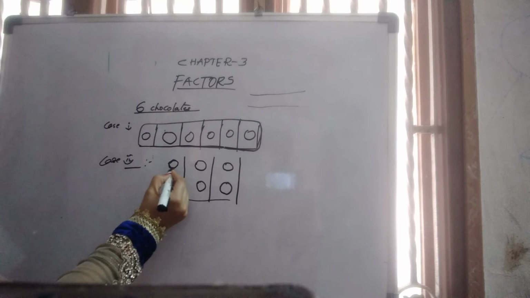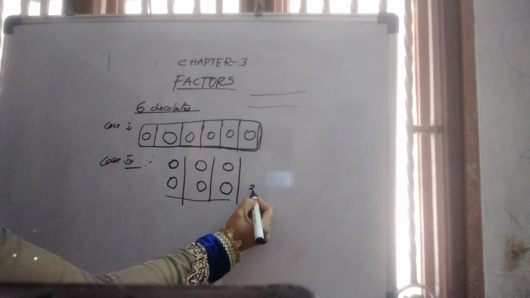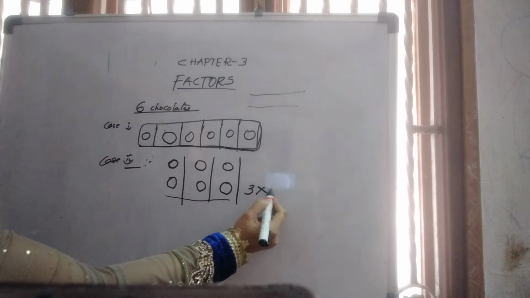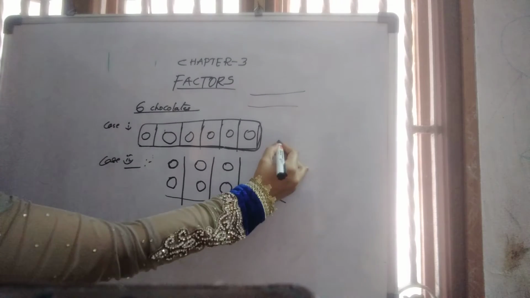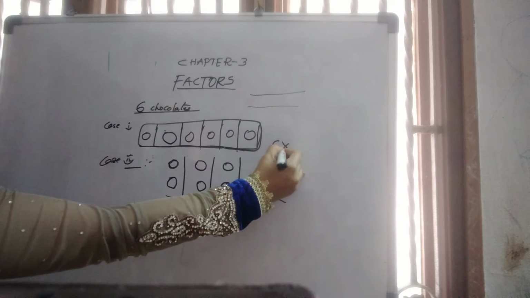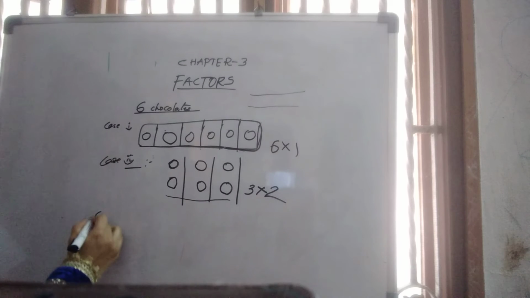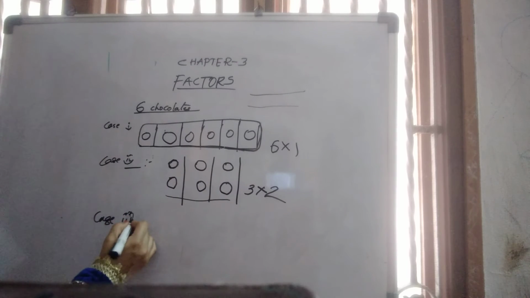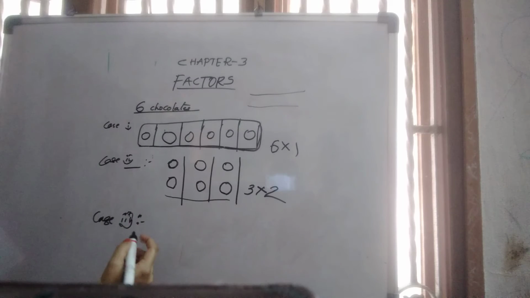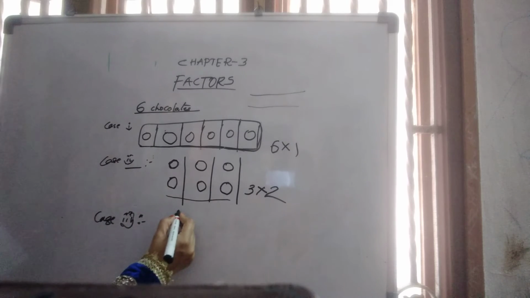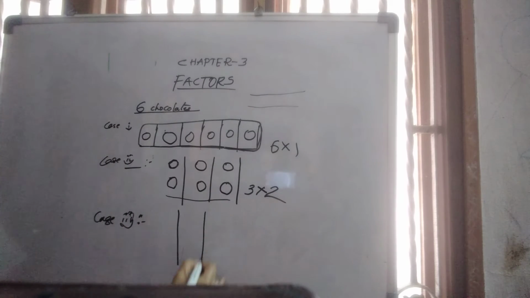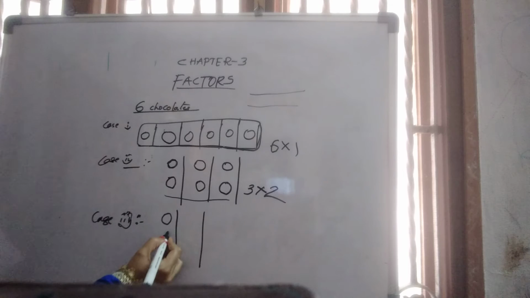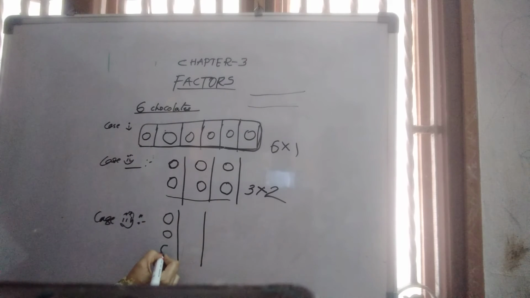This is one way. That means 3 columns, each with 2 chocolates. Here 6 columns, 1 chocolate each. Tell me, is there any other possible case? Think. Yes, we can take 2 columns. Here 1, 2, 3, 3 chocolates.